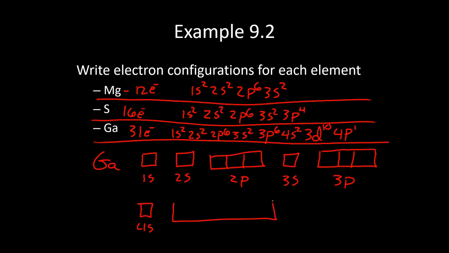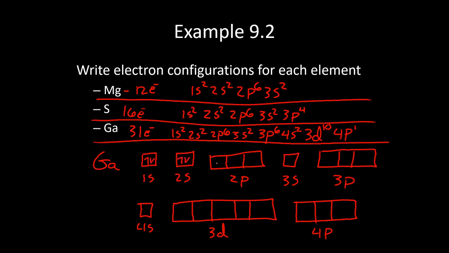The 3d has 5 orbitals. And then we have the 4p.